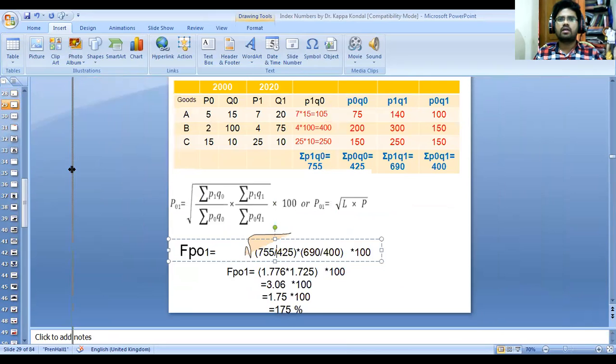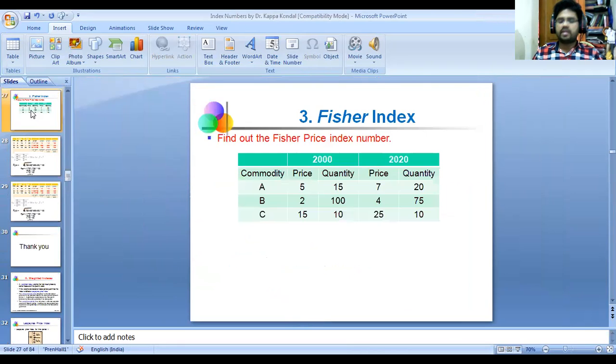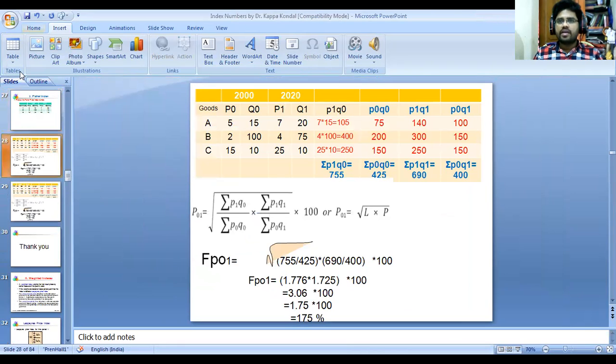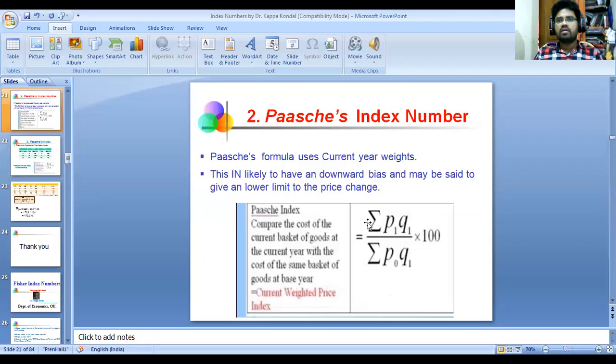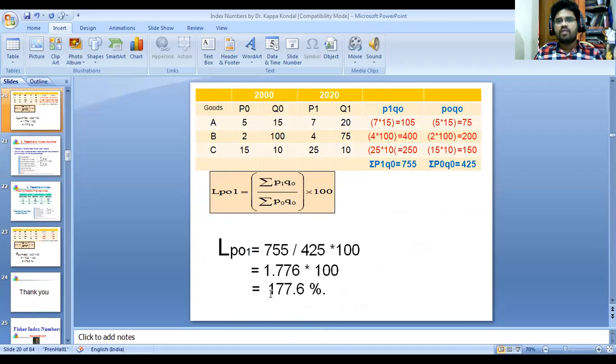For example, there is one formula, and there is another one: L into under root of L into P. What is L? Last day we got the L value. How much did we get? The last pair value, 177.6, or simply you can take 1.776.